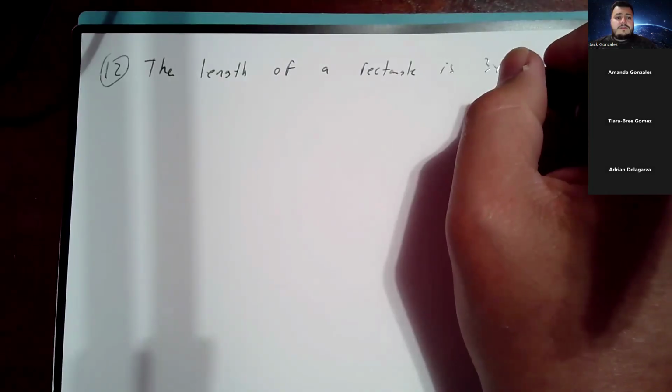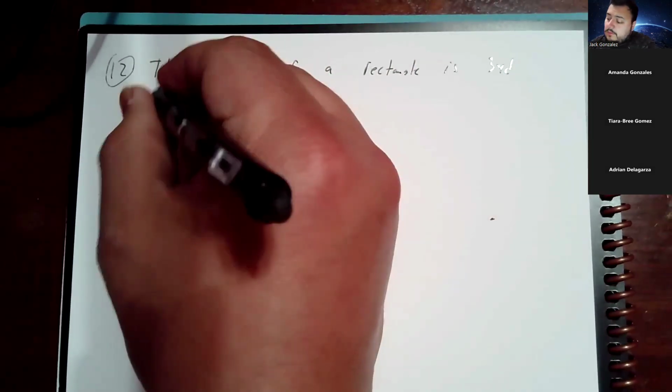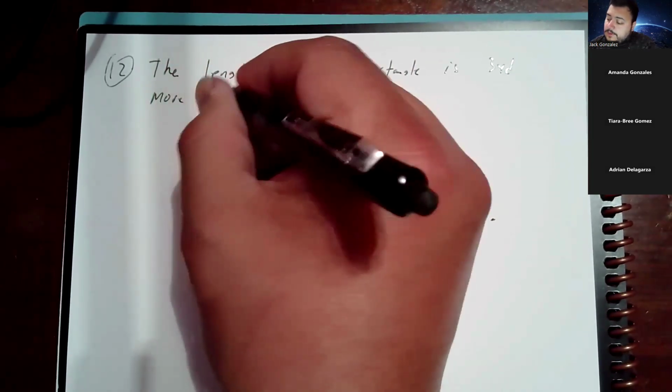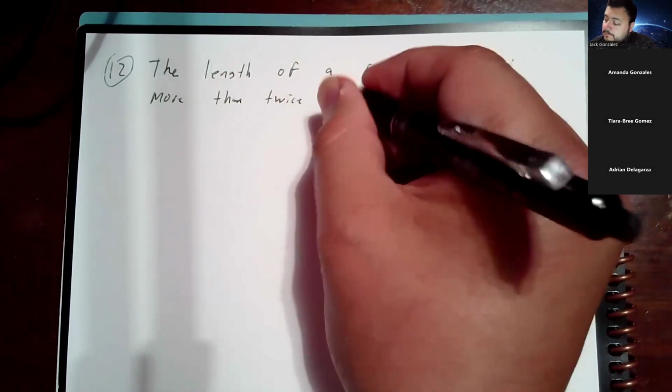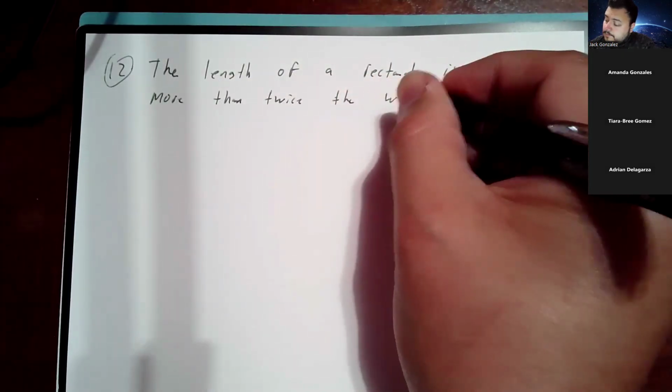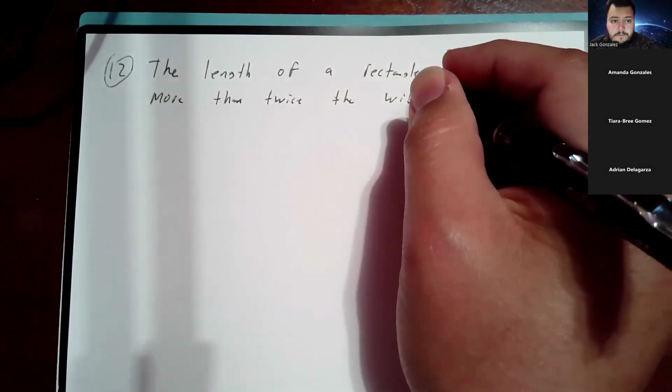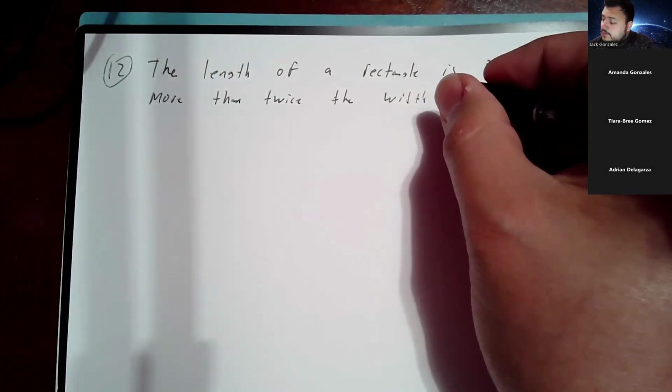The length of a rectangle is 3 yards more than twice the width, which they call x.